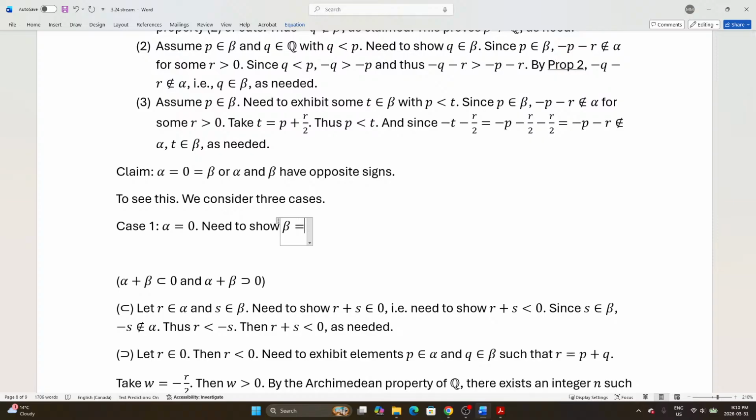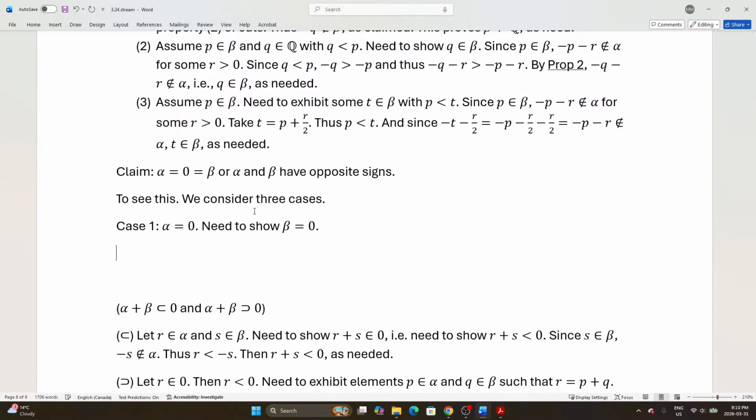So that's the first case. Let's set up our structure properly and then fill up the details. Case 2, alpha is positive. Need to show beta is negative.